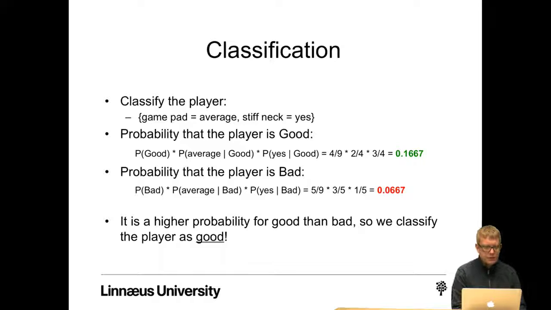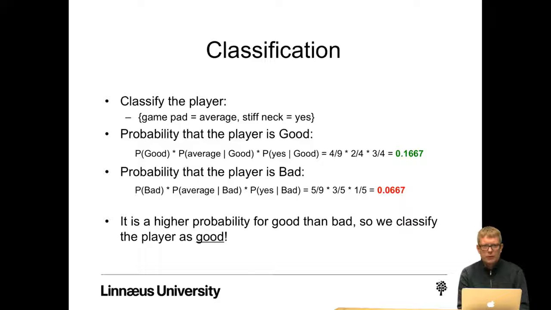And we do the same thing to calculate the probability that the player belongs to the bad category. And it's calculated as the probability of being bad multiplied by the probability of having an average gamepad, because that's in the example we want to classify, given bad player skill, multiplied by the probability of having a stiff neck given bad player skill.